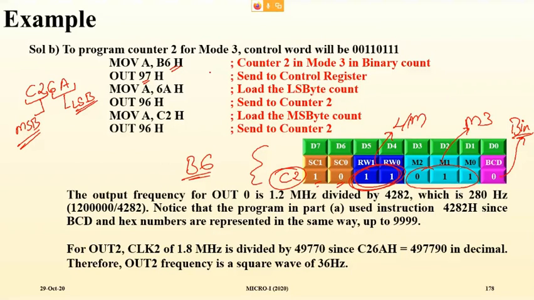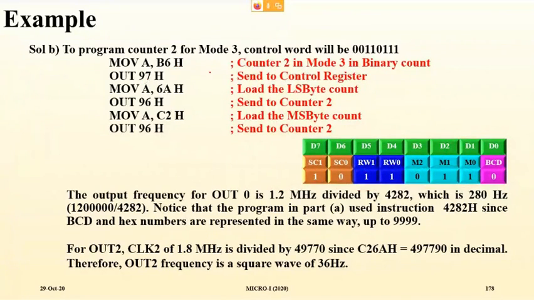Done. Now we know that when we load these numbers to this counter, they will start generating the square wave because we are using mode 3. And how to find the frequency of the output 0 and output 2 when we have clock of 1.2 megahertz and 1.8 megahertz connected to counter 0 and counter 2.